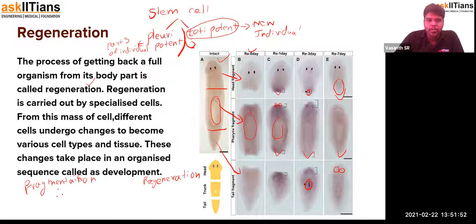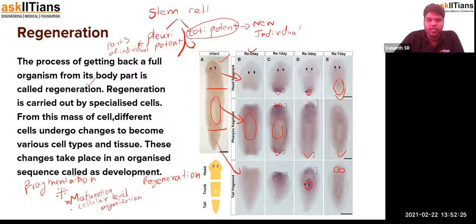Fragmentation, the most important thing that you should know about is that it has to undergo maturation, right? And the next point is it has cellular level organization.